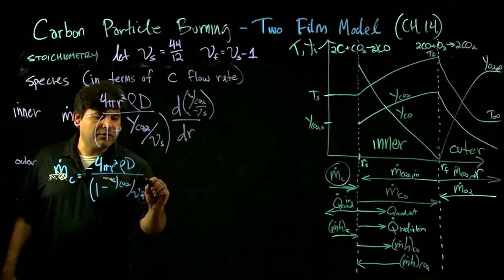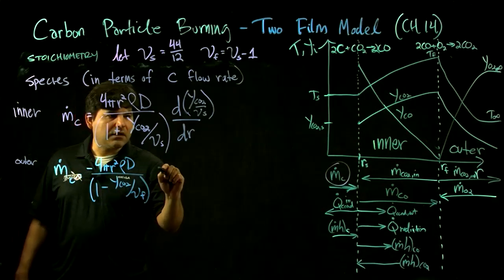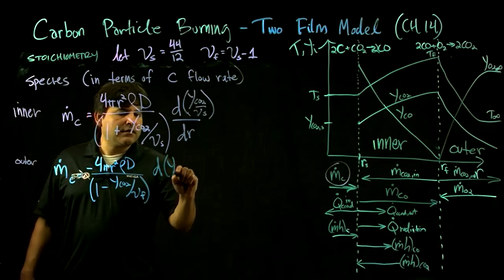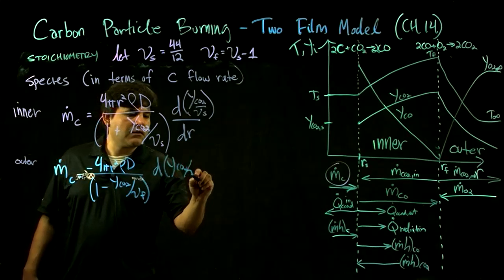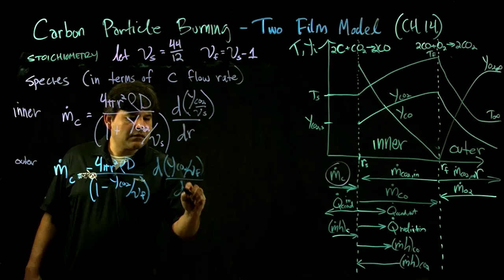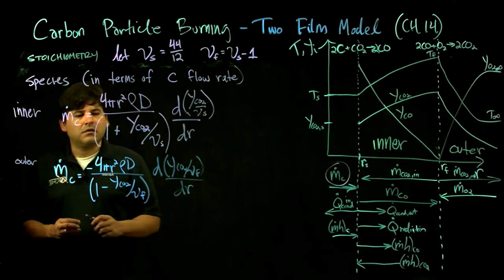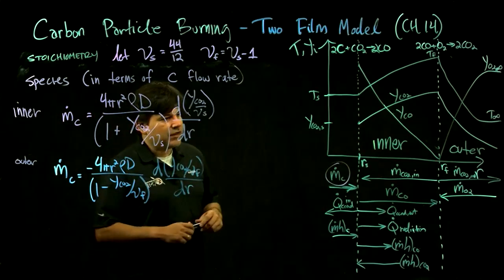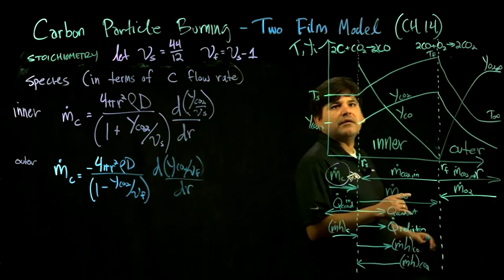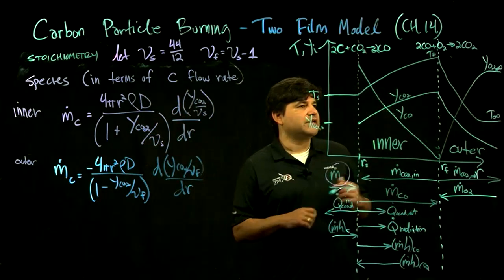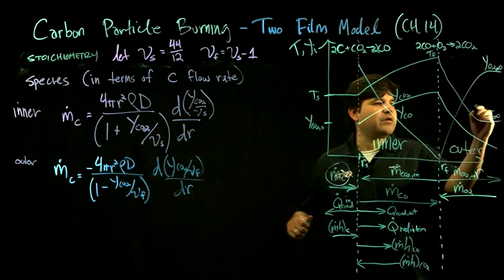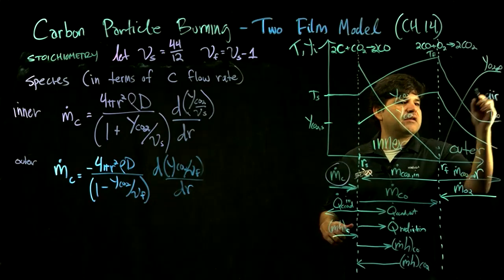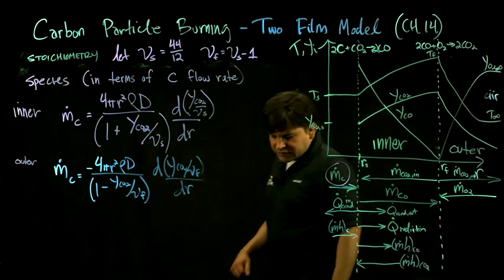Here, the stoichiometric coefficient of the flame comes into play. Okay, then we have air. This is actually going to consider the fact that this is air in the surroundings. That gives us another governing equation.